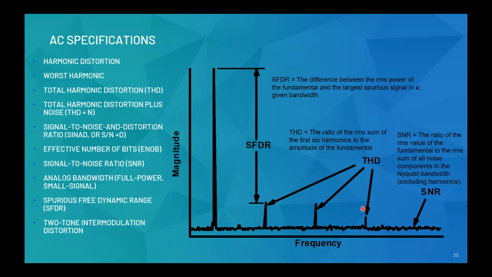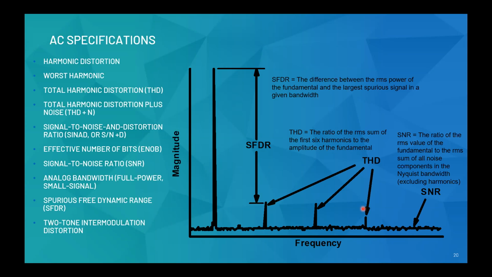Then signal to noise ratio, distortion, then effective number of bits, then the bandwidth, as this is a frequency related spec, and of course the two-tone distortion. Those are the main AC specifications over here.